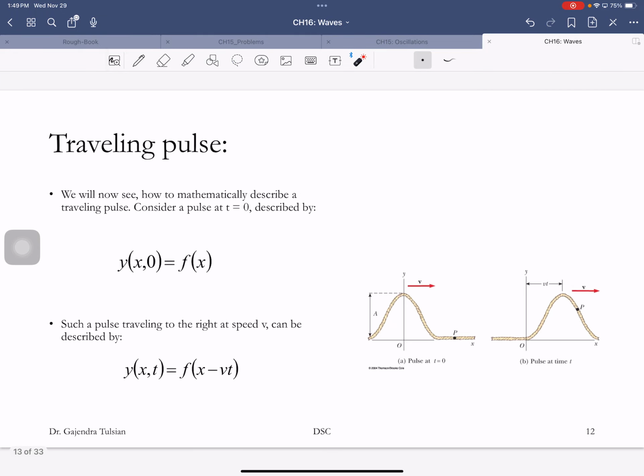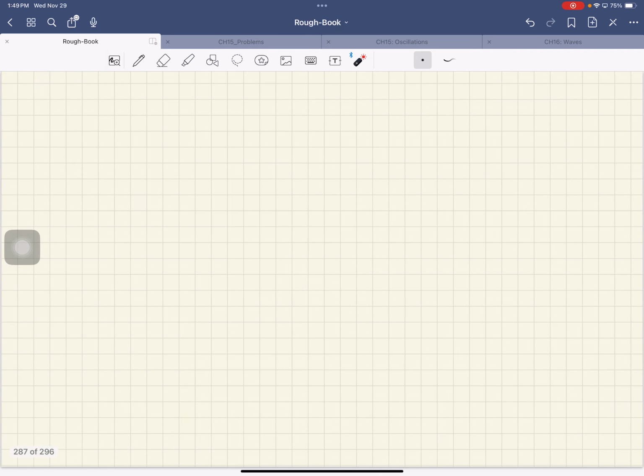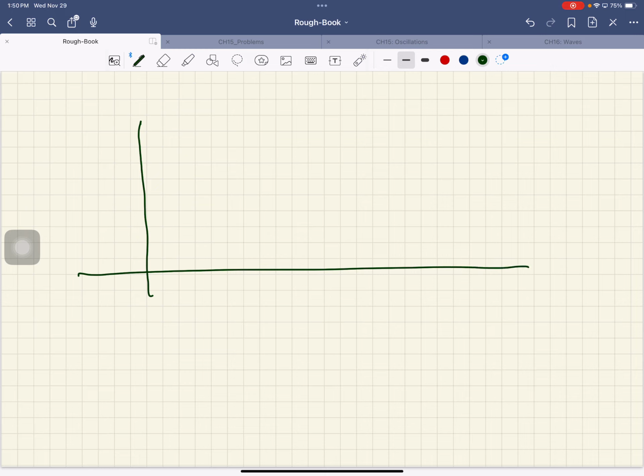Now we're going to build the mathematical model. I love this trick. You have all learned this in your calculus classes. Let's say here's a function, f of x.